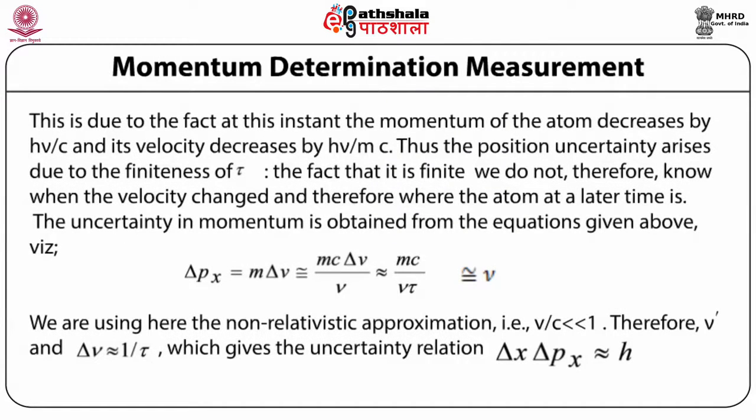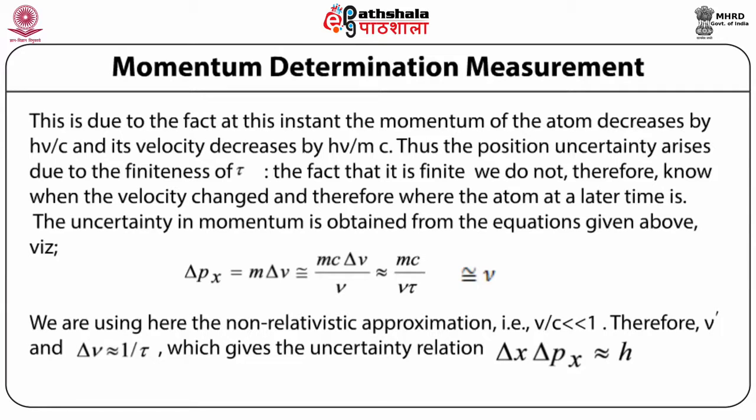This is due to the fact that at this instant, the momentum of the atom decreases by h mu by c, and its velocity decreases by h mu by mc, where h is the Planck's constant, mu is the frequency of the photon emitted, and c is the velocity of light, while m is the mass of the atom. Thus, the position uncertainty arises due to finiteness of tau.